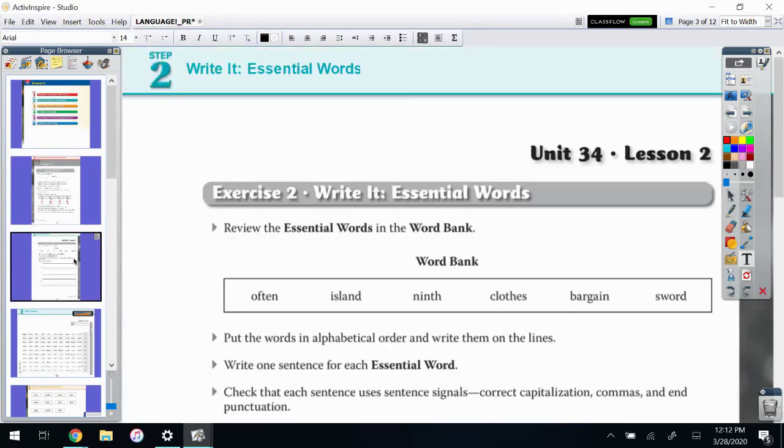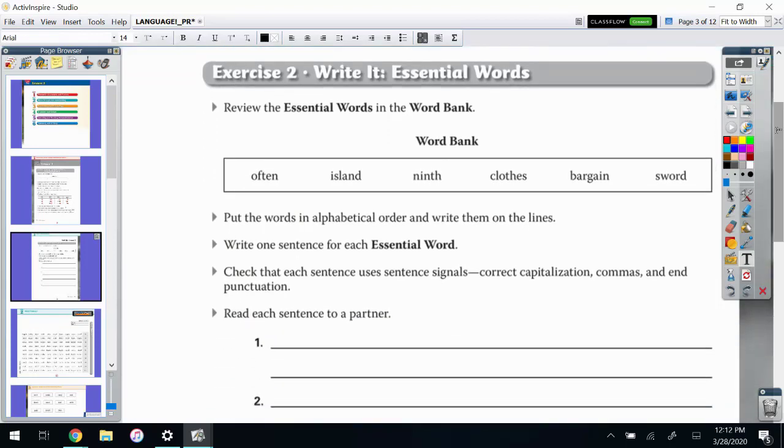Now we'll move on to step 2. The goal of this section is to read and spell high-frequency words in context. Let's review these essential words. Often, island, ninth, close, bargain, and sword.